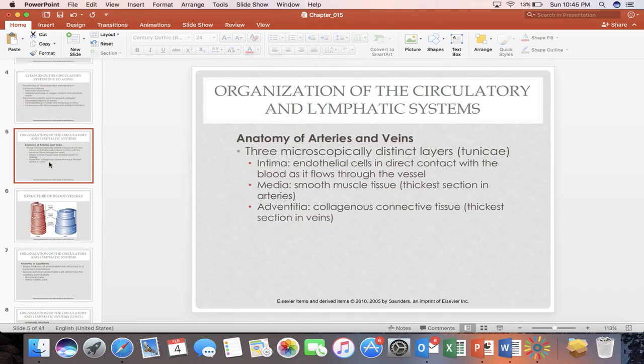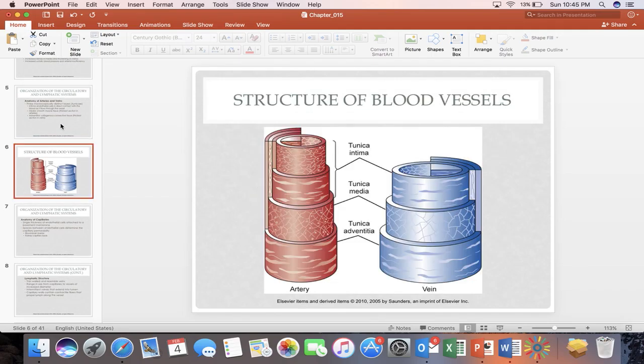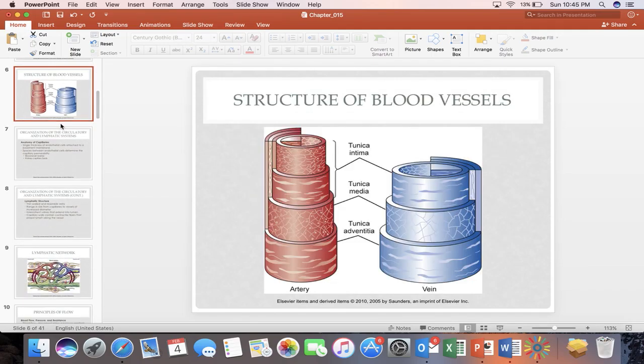So, anatomy of the arteries and veins: there are three microscopically distinct layers of tunicae. You have the tunica intima, tunica media, and tunica adventitia. As you can see here, the three distinct layers.